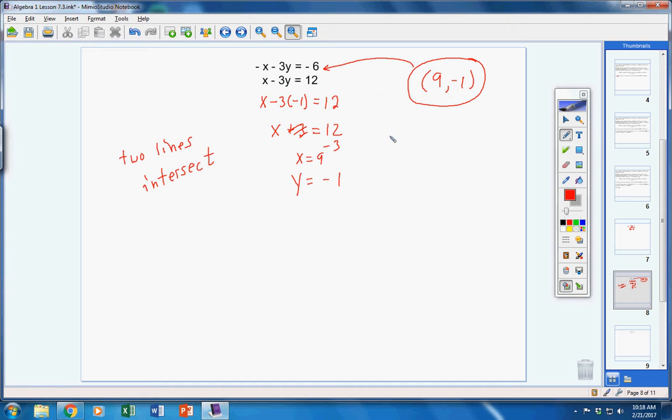But it's also the place where, if you were to graph this linear equation and this linear equation, they would intersect right there. 9, negative 1. Please don't forget that, okay? So what we're doing in linear combination is we're adding two equations together and getting out a third equation that helps us solve the linear system.